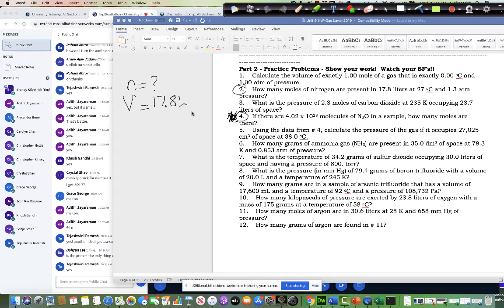We have a temperature of 27 degrees Celsius. Of course, we cannot have Celsius, so we're going to add 273 to that. That's 300. And then we have 1.3 atmospheres of pressure.